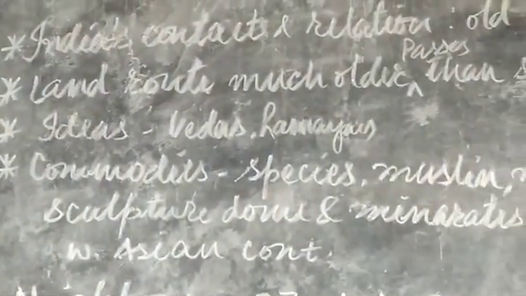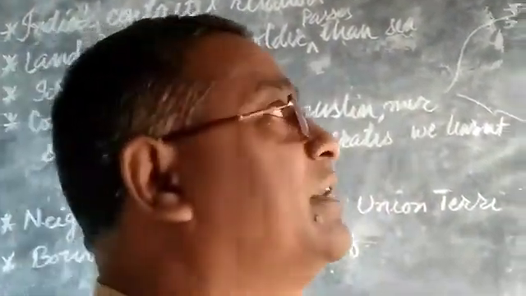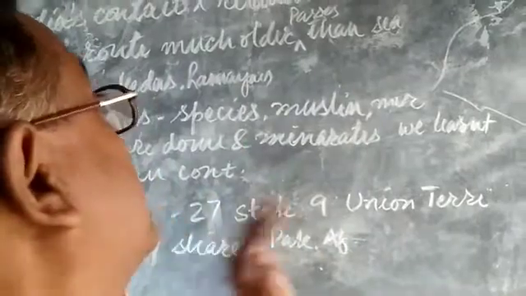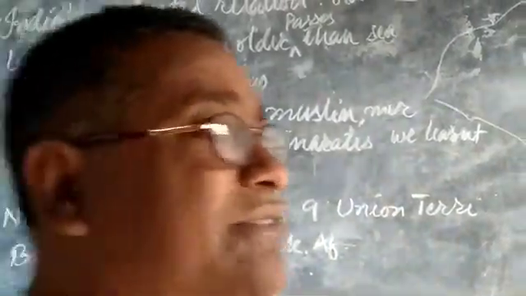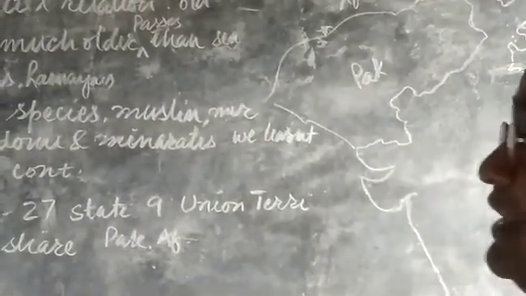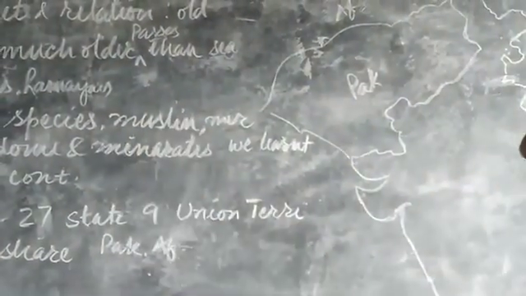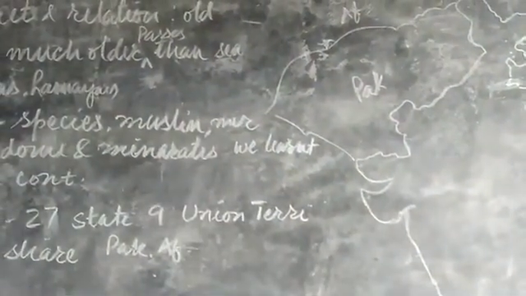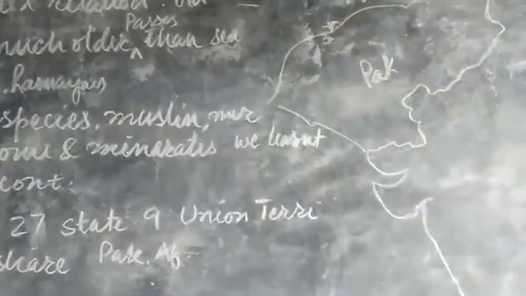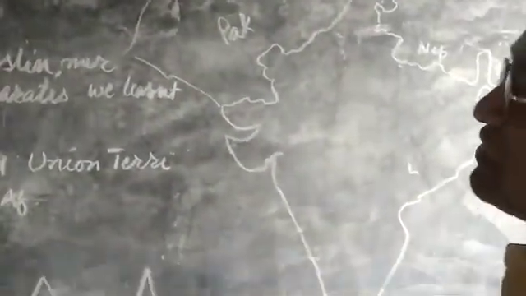This shows that India had older contact with these countries, and because of this, Indian culture and ideas went to these distant countries. And Indian spices, muslin and other merchandise easily went to different distant countries.